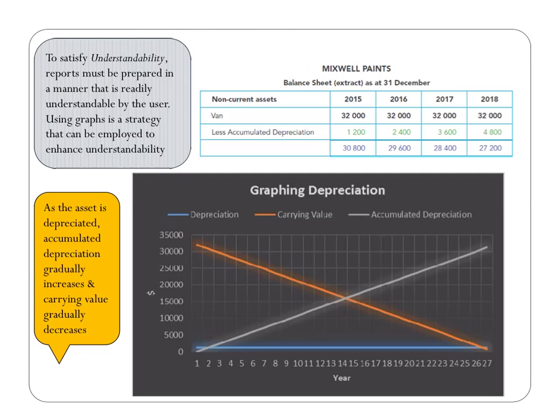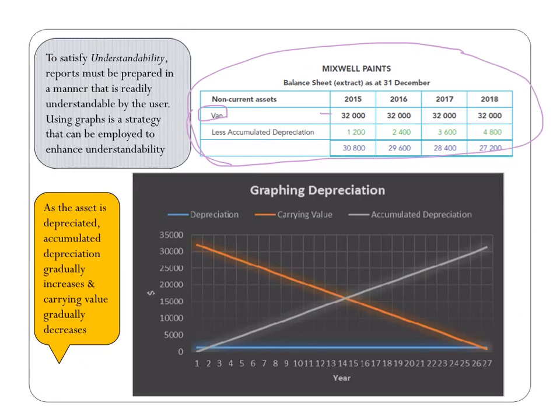Now, I just want to show you a table. Let's take the example of Mixwell Paints again. We depreciate the non-current asset here, the van, over a couple of years, 2015, 2016, 2017, and 2018.